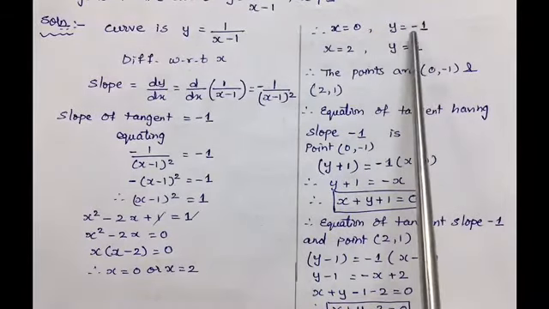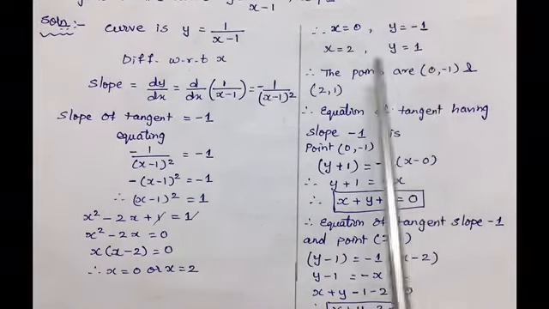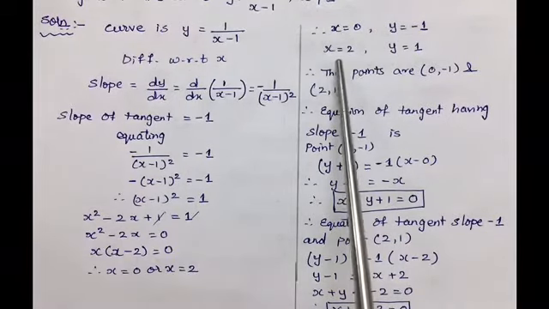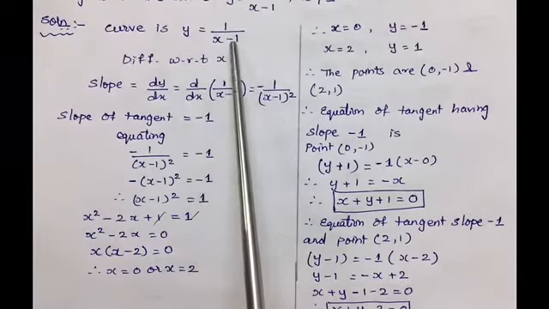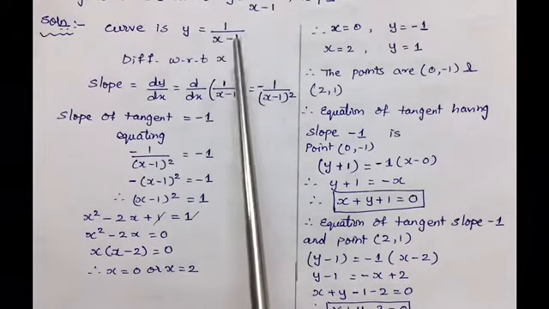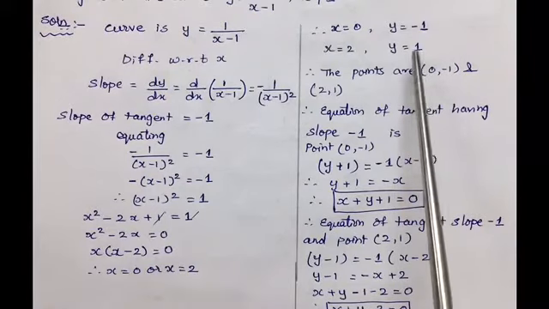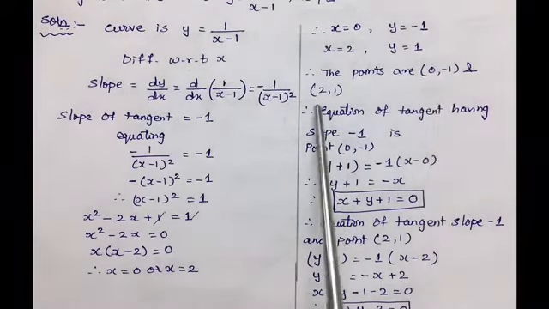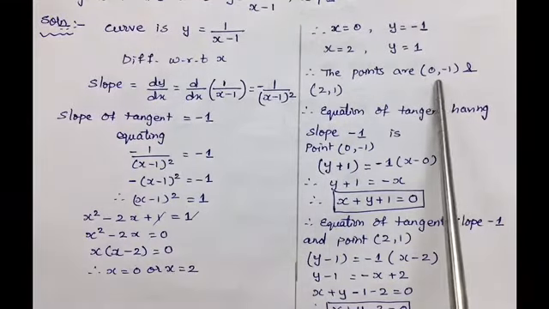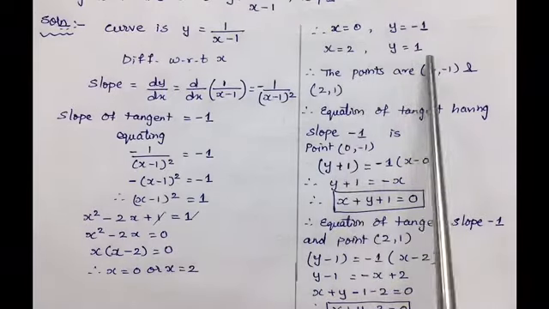Keeping that value, we got the value of y equal to -1. Now keeping x equal to 2 in the same equation, the value of y is equal to 1. Now we have here 2 points. One point is (0, -1). Another point is (2, 1).